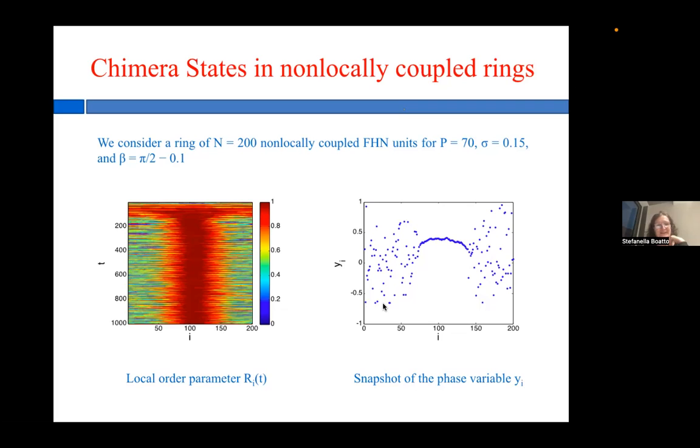So it's equivalent to plot the first or the second variable. Just the second variable has a bigger fluctuation, so the incoherent domain is much more evident. Okay, thank you. Sorry for the noise.